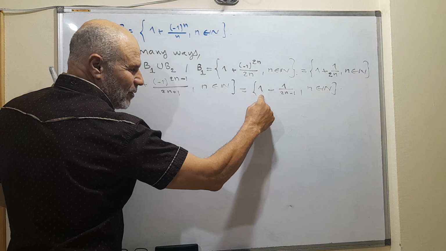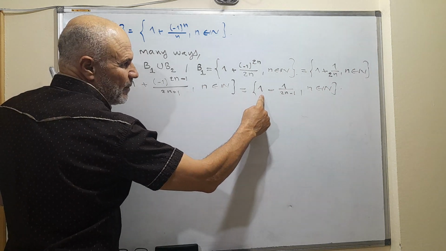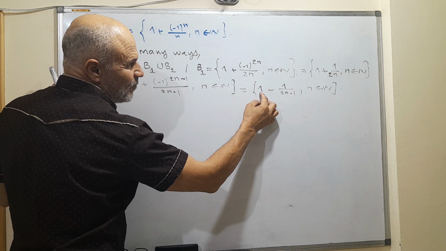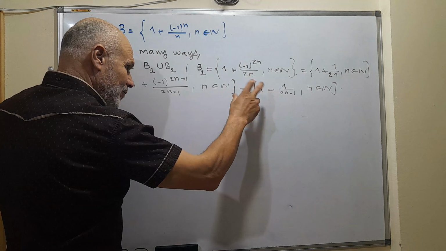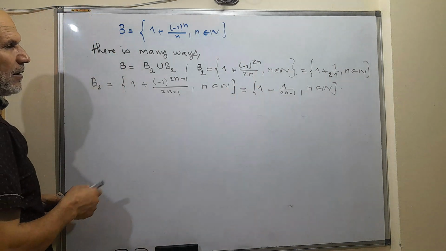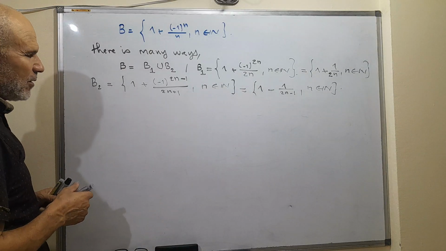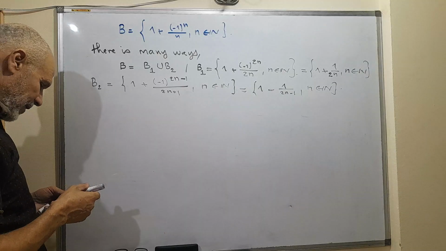So this is the infimum. And the supremum is when n goes to plus infinity, which is 1. We can deal like this, but I am not going to deal like this. This is a solution actually.